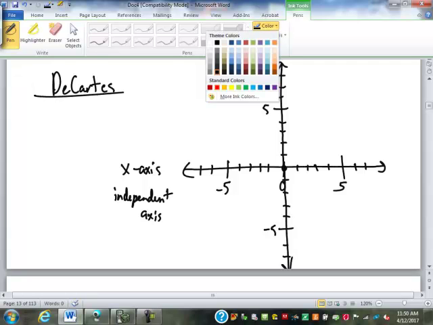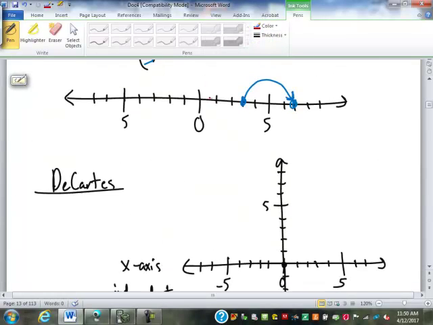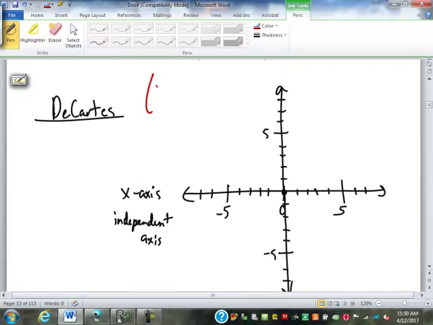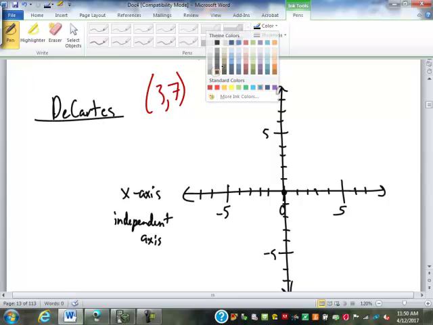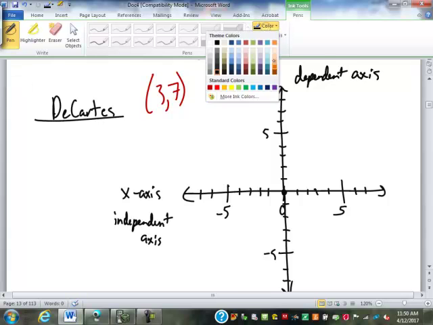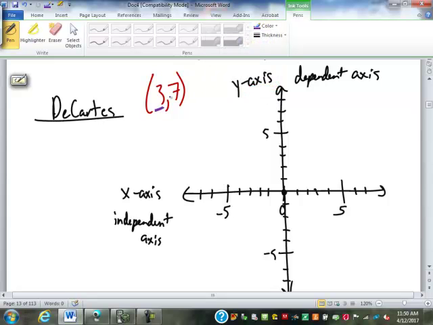And so for that ordered pair 3, 7, we need to represent the 3 is on the independent axis. Of course, the vertical one would be the y-axis or the dependent axis. So anyway, now the 3 would be the x value or the independent axis.